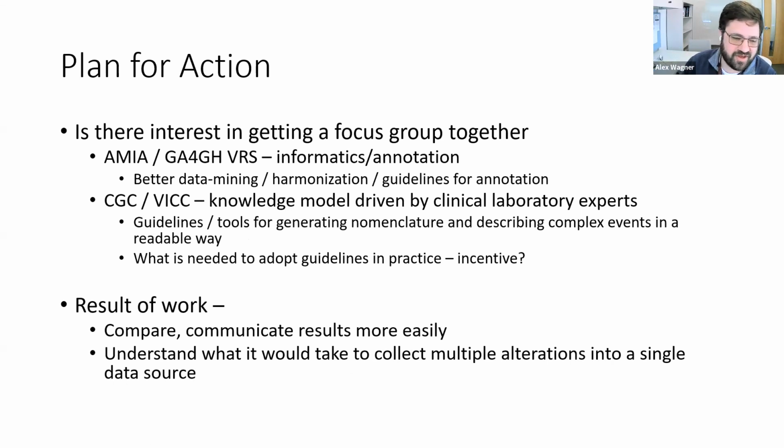One of the big challenges with CNVs that we ran into when modeling this for the variation representation specification was the notion of the absolute quantitative count of copies as called versus relative metrics, you know, low level gain, high level gain, copy neutral.